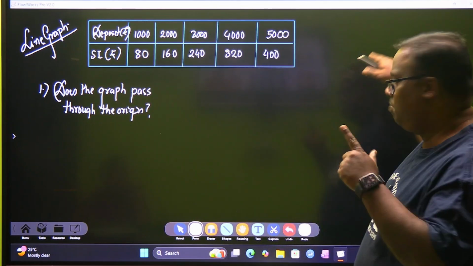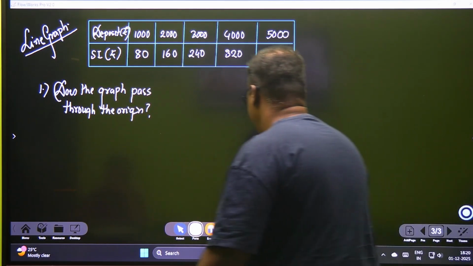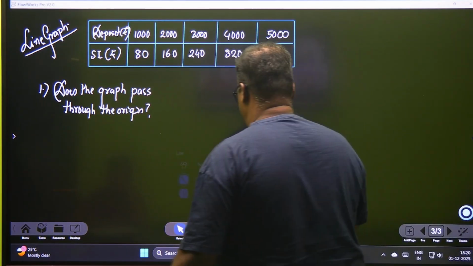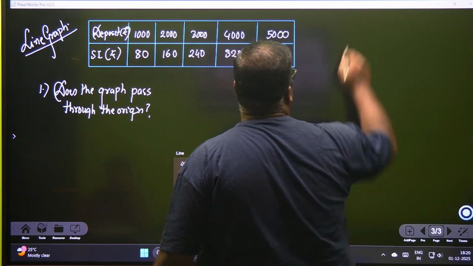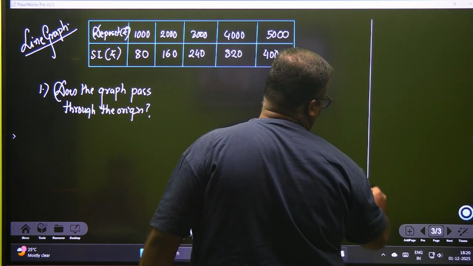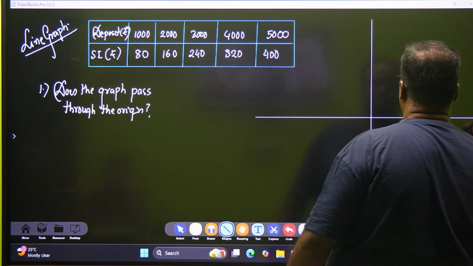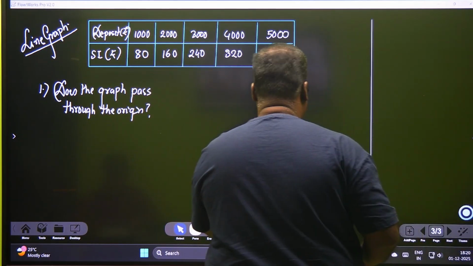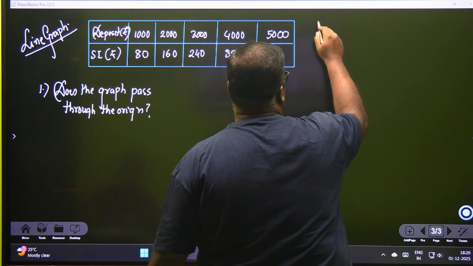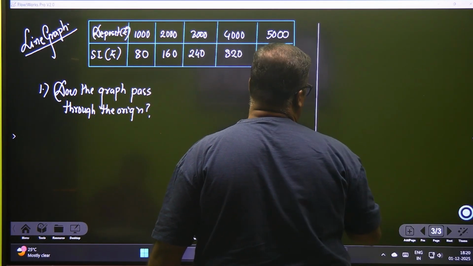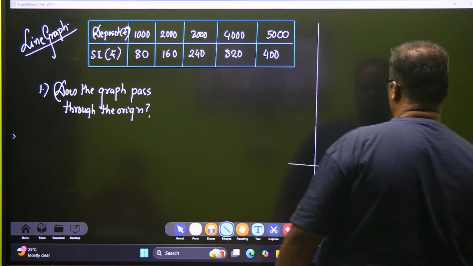So let's quickly plot the graph also. Rather than making it in this manner, everything is positive in this graph, so you don't need the negative side. Let's make it this way.